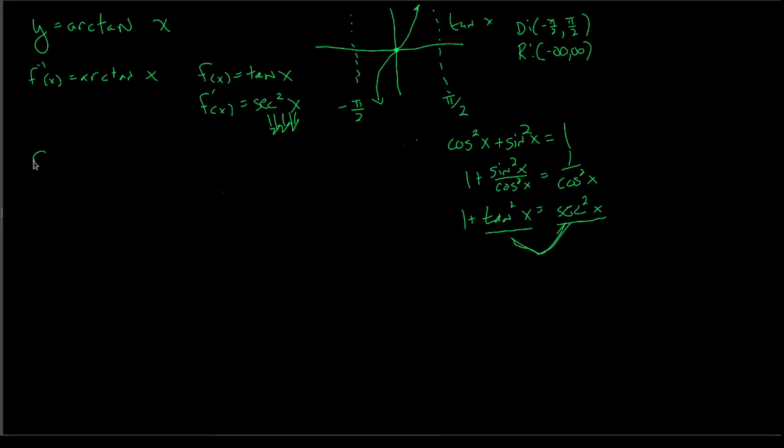So if I want to find my derivative of the arctangent, then we'll use our inverse rule, which is the derivative of the regular function evaluated at the inverse function.